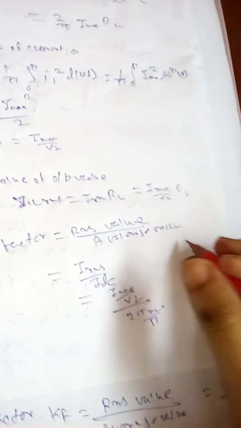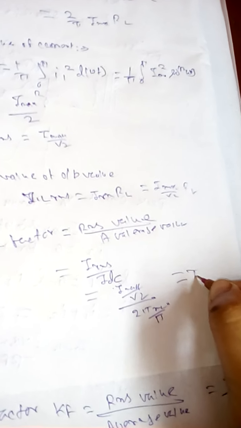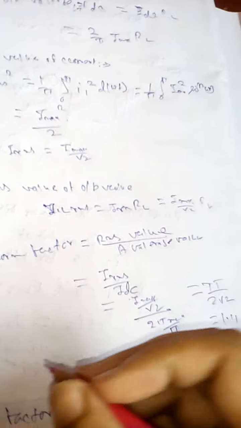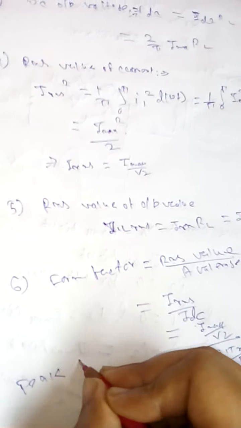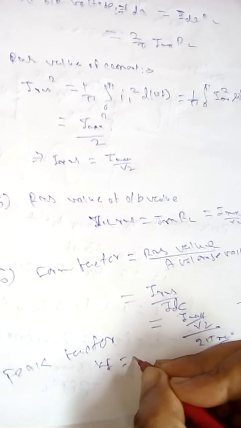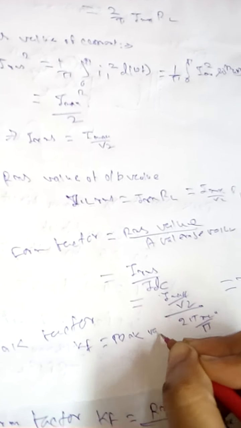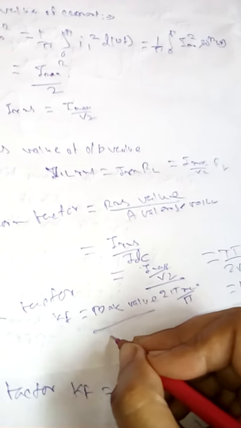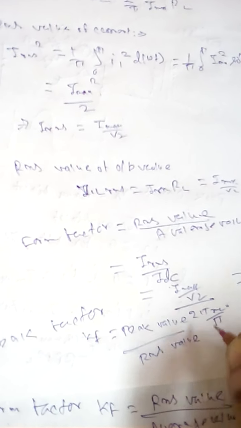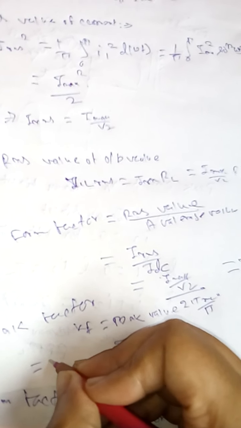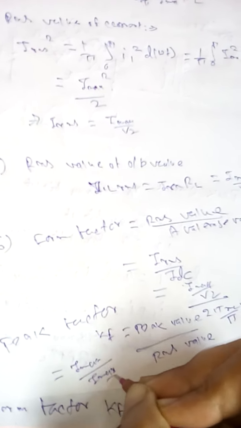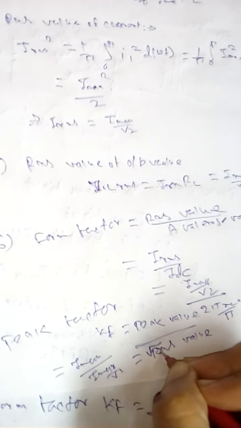So we get the value pi by 2 root 2, or 1.11. And peak factor Kp is equal to peak value by RMS value, that we get the value I max by I max by root 2, means root 2.